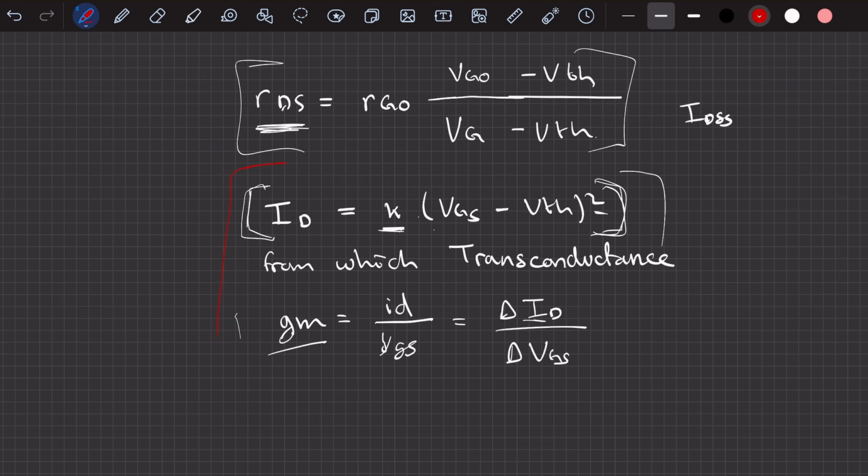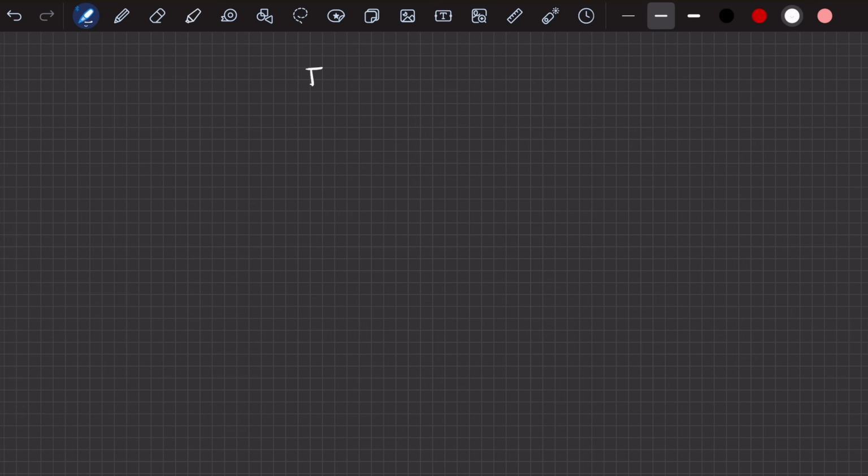Okay, so let's start with this equation over here, which is on page 147. What we're going to do is go through the differential and then try and get to this equation for the question. ID is equal to K (VGS minus VTH) squared.